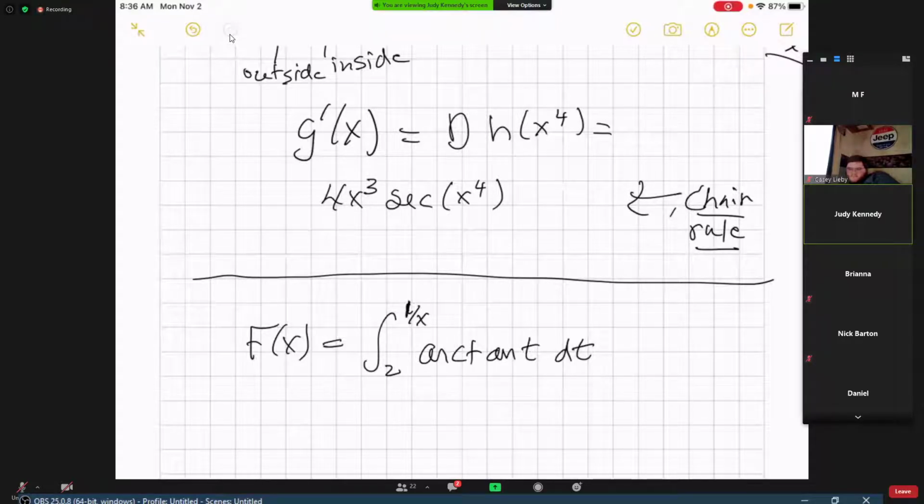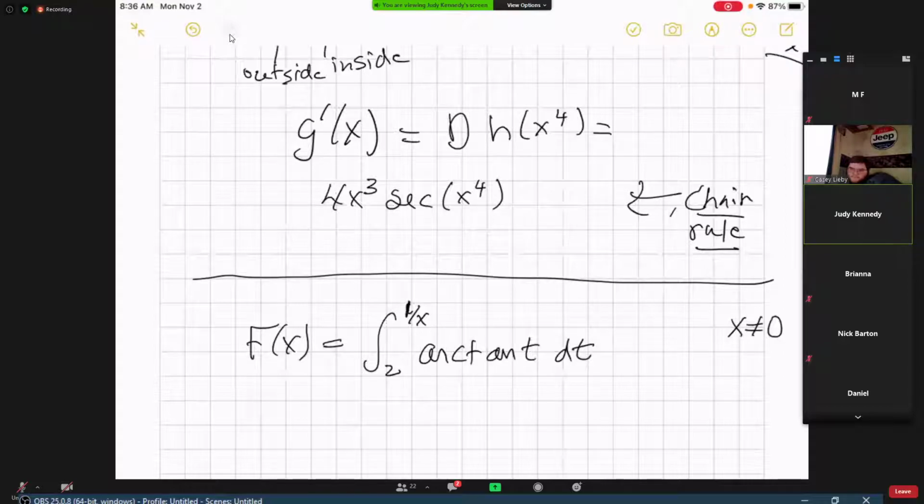Okay, well, x is the variable for capital F. And I guess x had better not be 0 here, because I'm taking 1 over x.